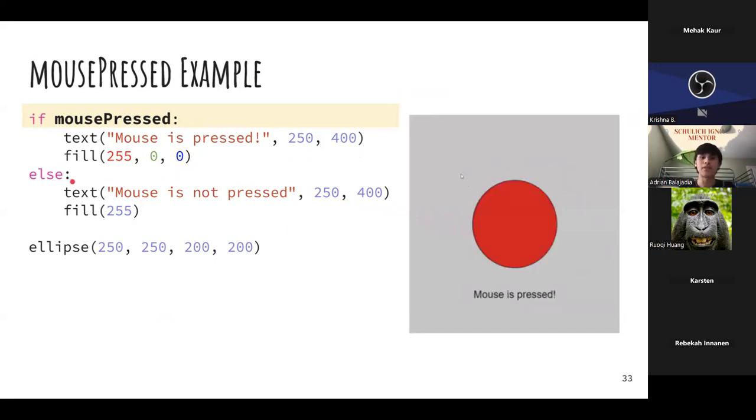Otherwise, if the mouse isn't pressed, you could even add another elif statement here, if mouse pressed equals false, mouse is not pressed. But you could also use an else statement right here. Using combinations of if and elif and else statements, those different logic branches, really depends on what you're coding. In this case, since we're just checking if the mouse is pressed or if it's not, you just need an else statement. You don't need to add an elif statement.